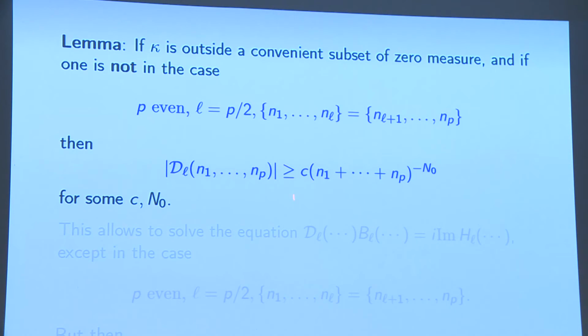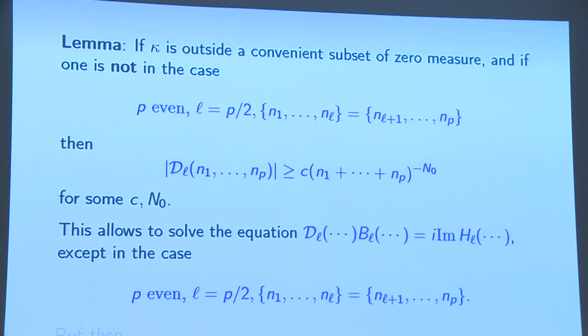So in other words, when we are not in the forbidden case, we shall be able to divide by dl. That is, we shall be able to solve the equation we were interested in, dl times bl equals I imaginary part of hl, since dl does not vanish.